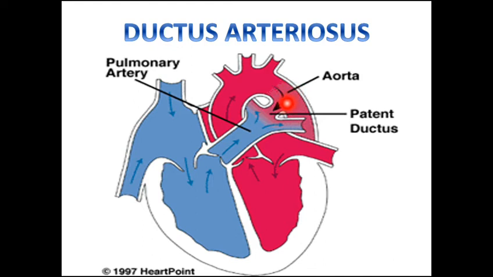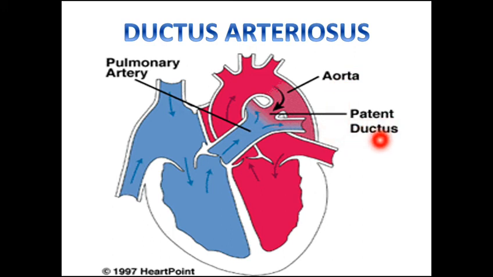You can see here the arrow pointing in this area. This area represents the ductus arteriosus. This is the area where both the arteries, the aorta and the pulmonary artery, are forming a connection, and this connection is known as ductus arteriosus.